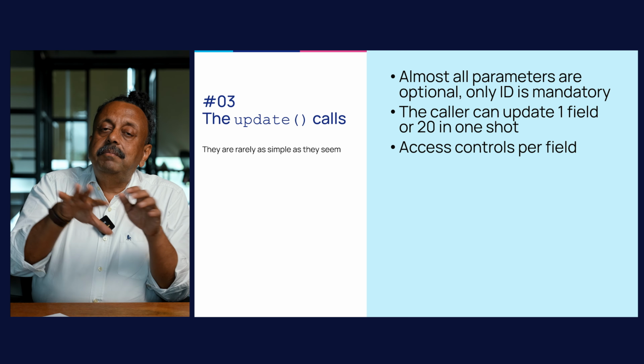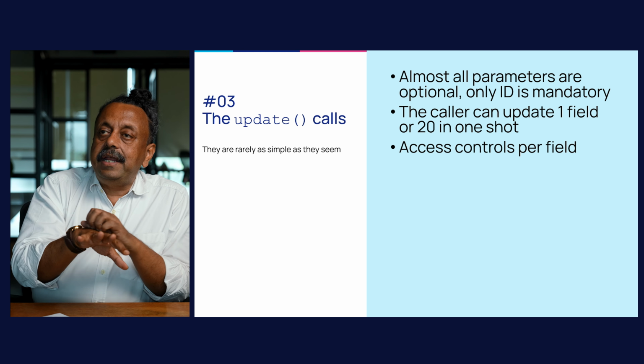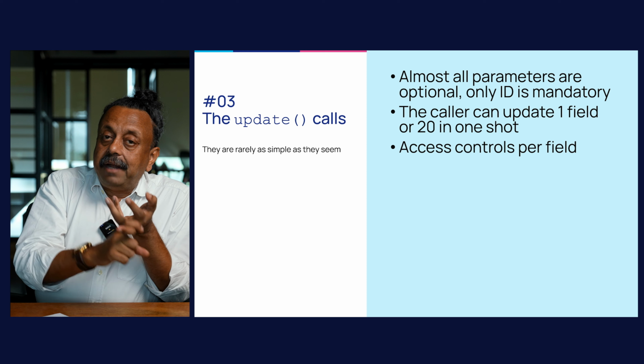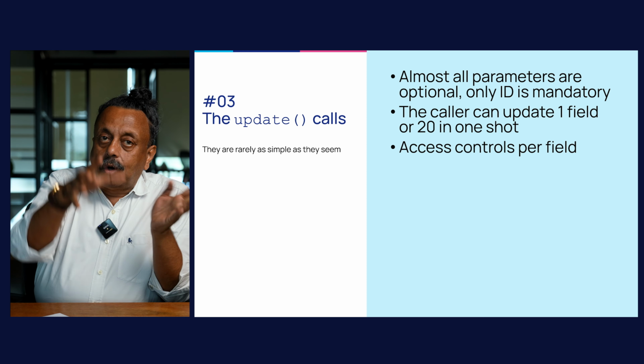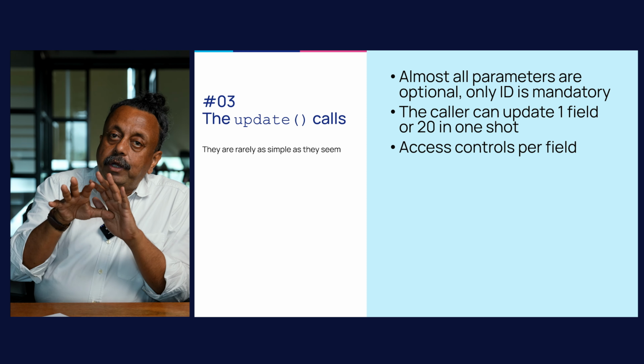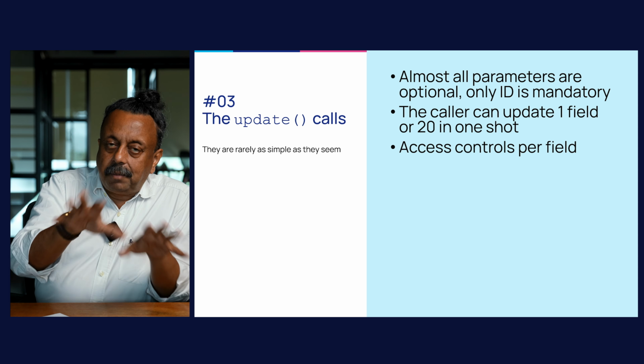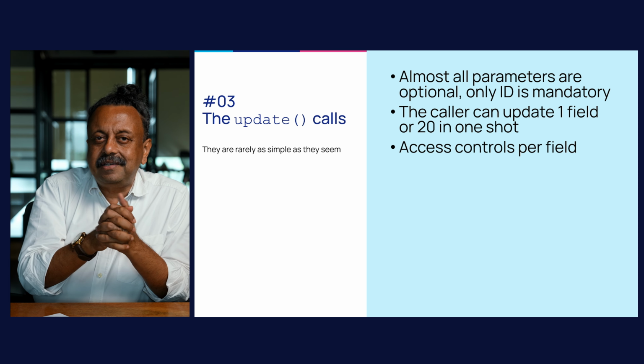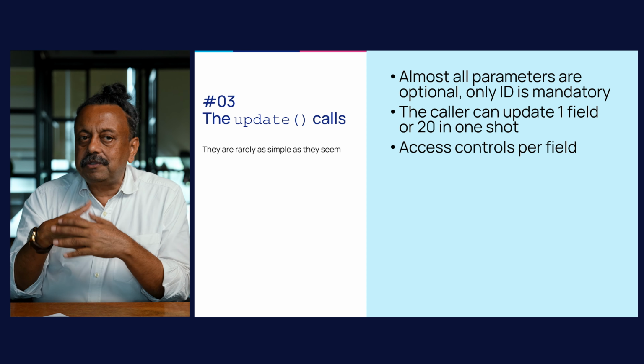So there are complicated business rules related to updating of fields, and those rules apply per user, per field, and per status of the object. So all of these complicated rules need to be coded into the update web service. So the update web service can get a little hairy sometimes if there are all sorts of complex business rules.